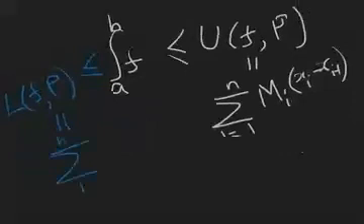We split into n subintervals, that's why this sum goes from 1 to n, right?